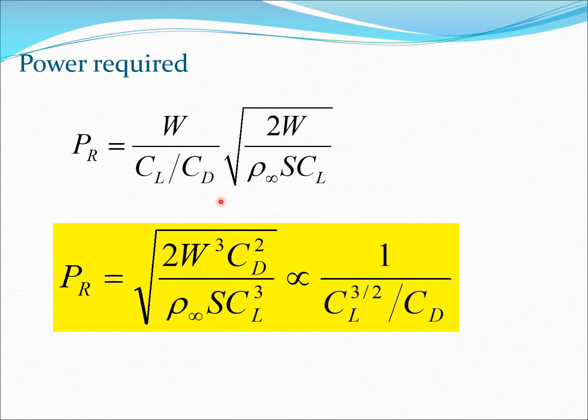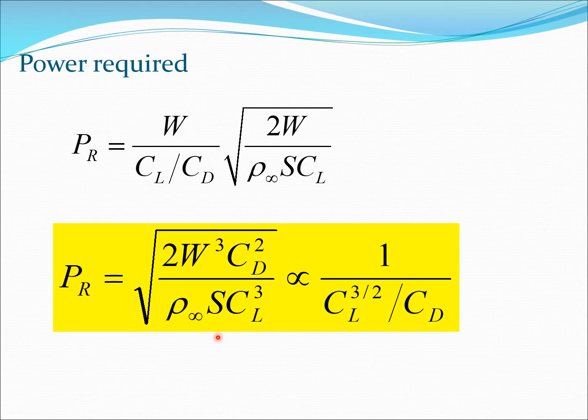So let's take a look at this equation and try to express it in a simpler form. We bring the W inside the square root, so that becomes a W squared term, and W into W squared is a W cube term. We bring the CL by CD inside also, so the CD becomes CD squared, and the CL becomes CL cubed here.